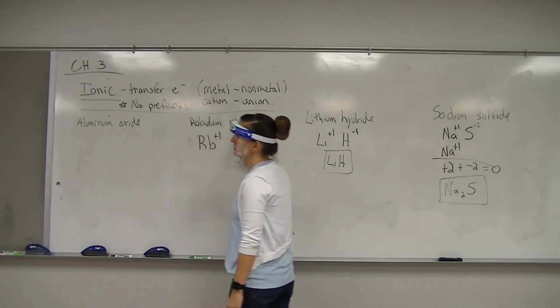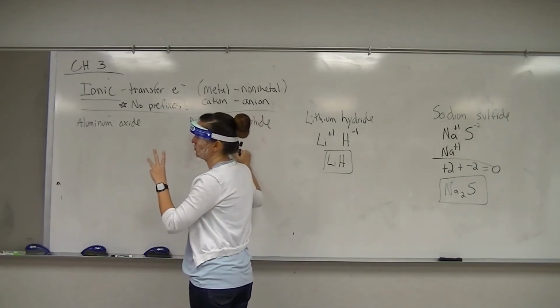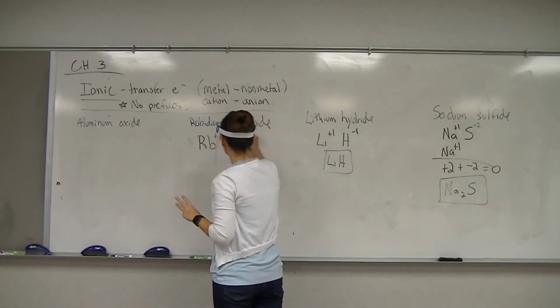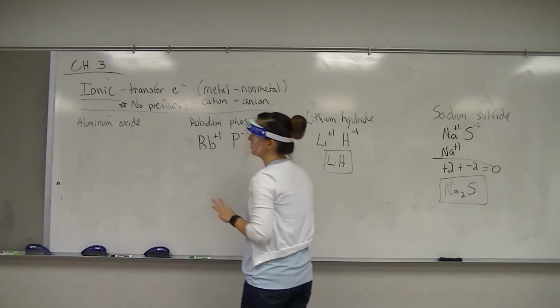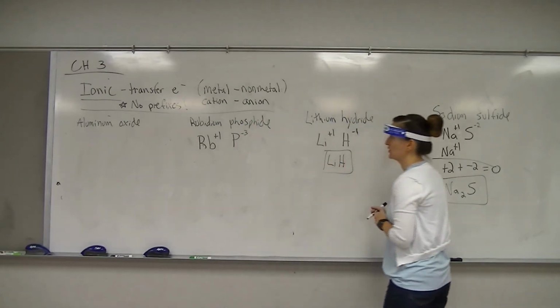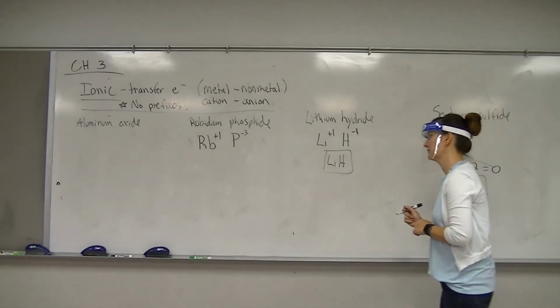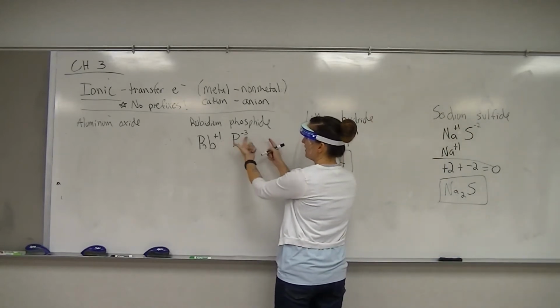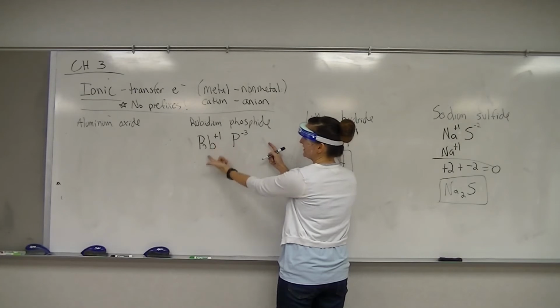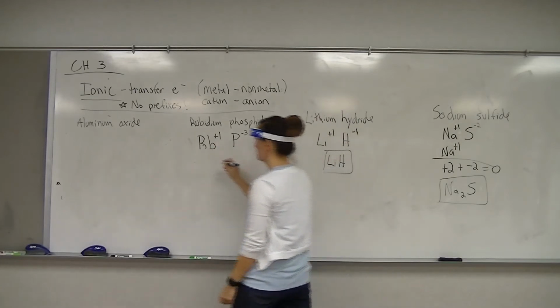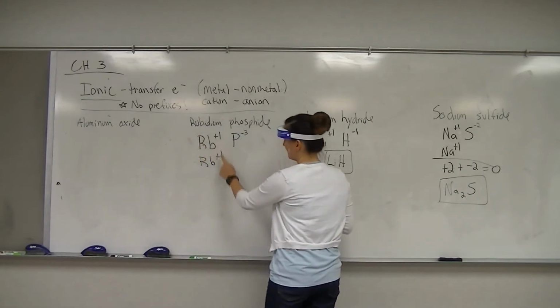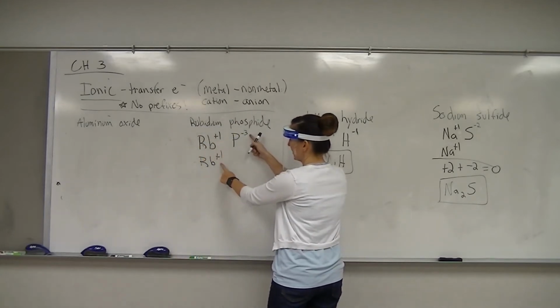The charge on phosphorus: it's 3 away from being a noble gas. It's in group 15, so it's going to gain 3 electrons. Everybody in group 15 is going to have a -3 charge for their most probable ion. Now, notice the charges aren't canceling. I have more negative than positive, so I need to add more rubidium atoms. If I add 1 more, now I have a +2, but I've got to keep going because I have a -3 over here.